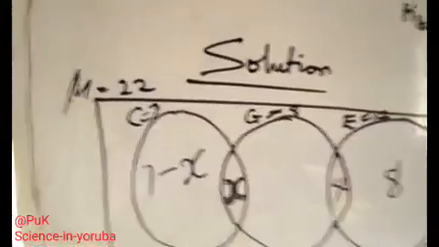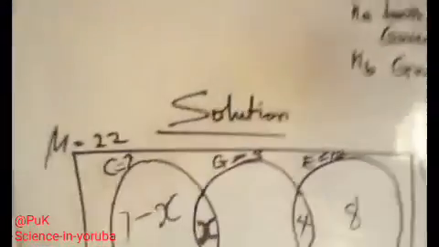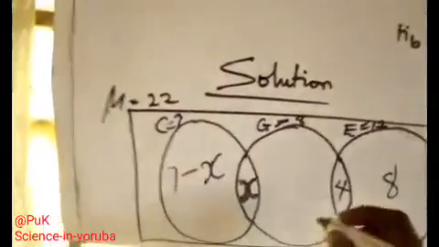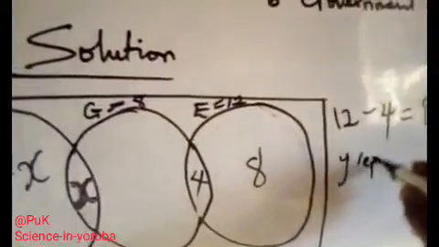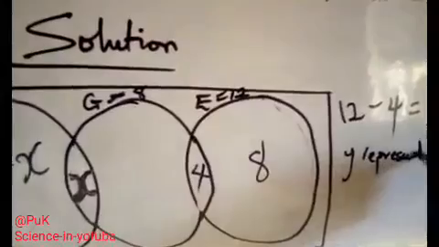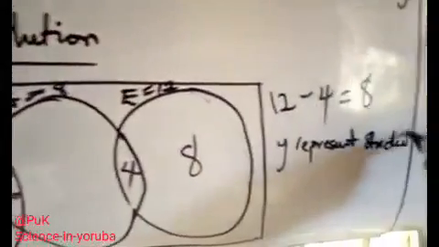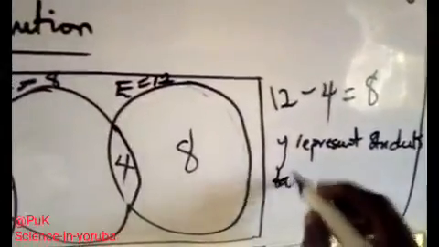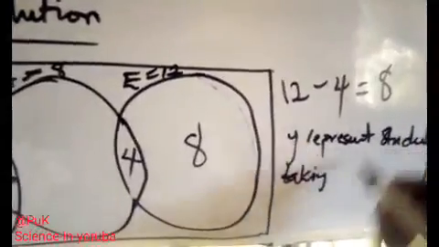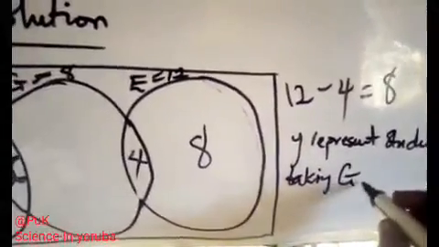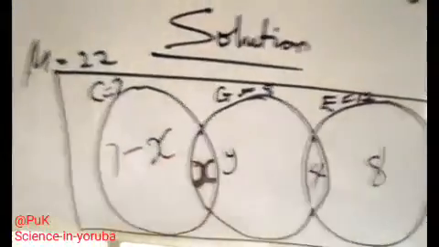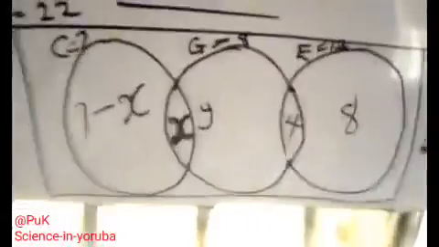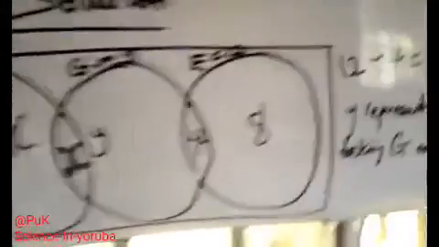So from that, the question says, let Y represent students taking G only, that is government only. So how do we get Y?